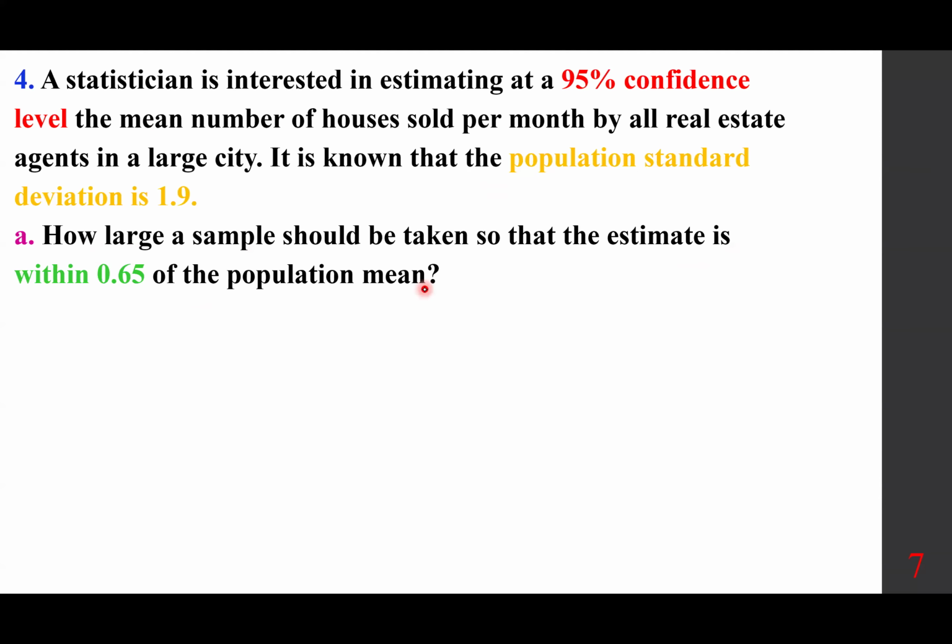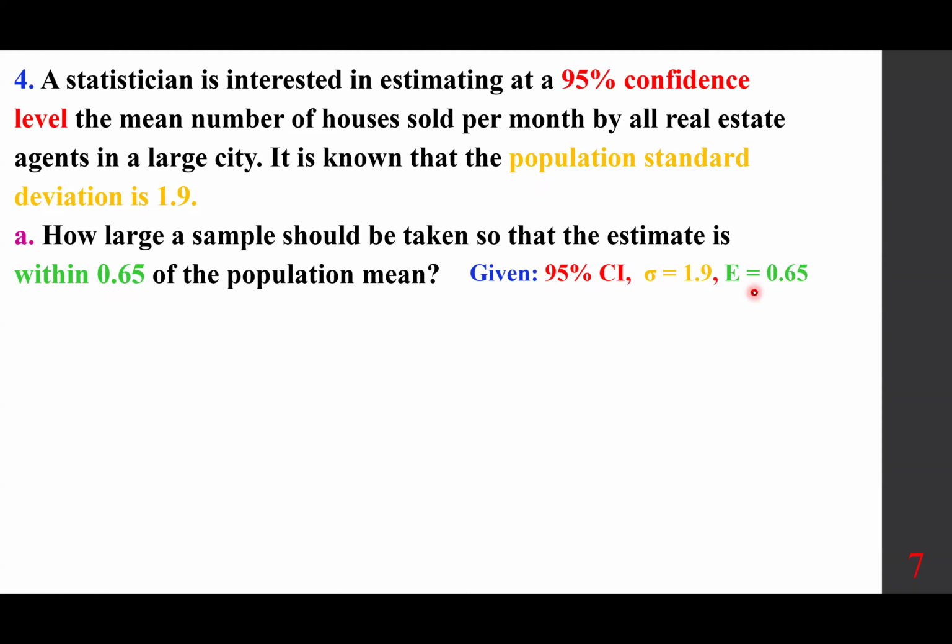So first and foremost, let's see what is given. We want a 95% confidence interval. Population standard deviation, sigma is 1.9. Within this estimate makes E the value of 0.65.